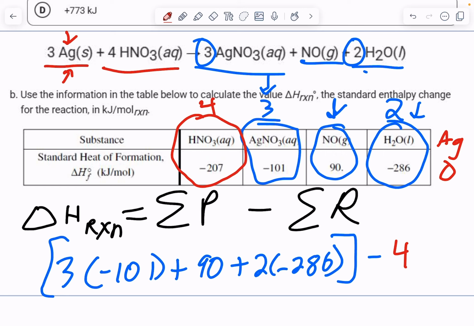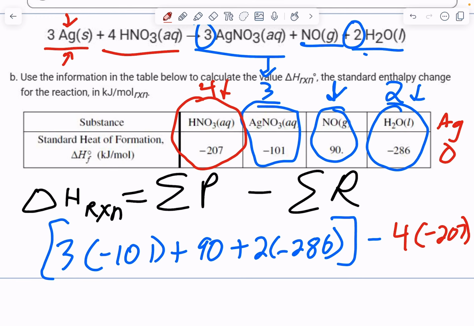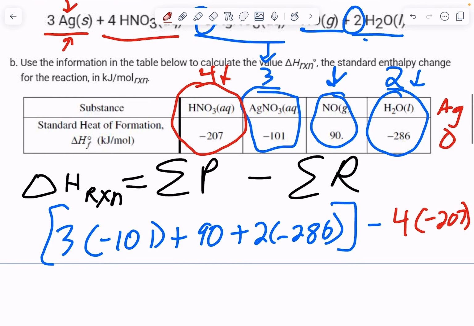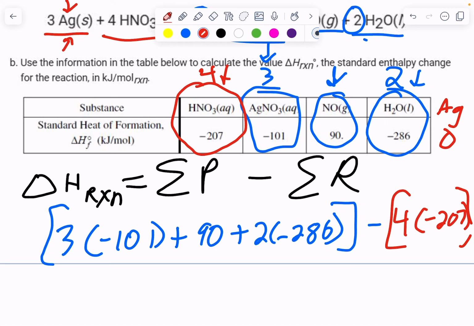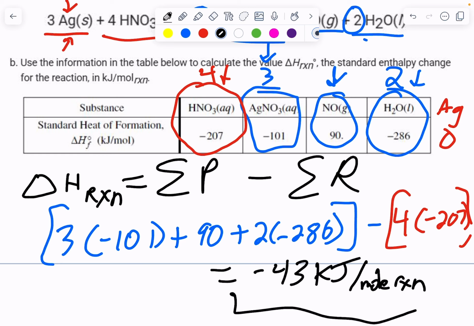I've got 4 times negative 207 that I get right here. And then I just have to subtract, so the summation of that minus the summation of this right here. And my answer comes out to be, got it written down right here, negative 43 kilojoules per mole for this reaction. Okay, and that would be the answer.